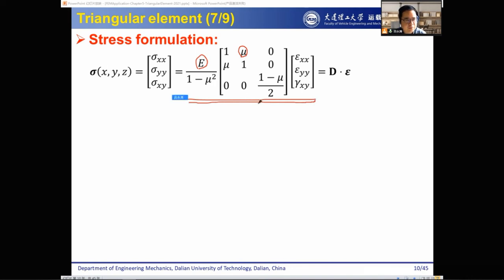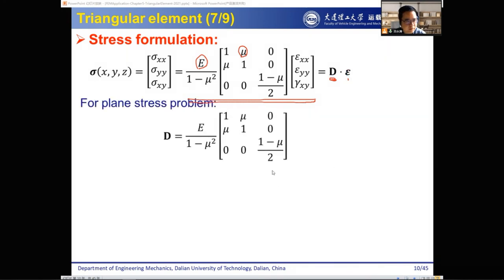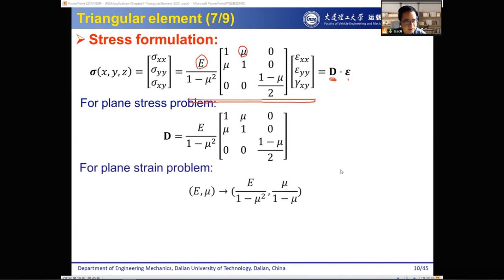We use this to solve the stress formulation, and we said this D is the stiffness matrix, and we can write it as D times the strain. For the plane stress problem, because we are talking about 2-dimensional problems, and for 2-dimensional problems we have 2 cases: first is plane stress, and second is plane strain.